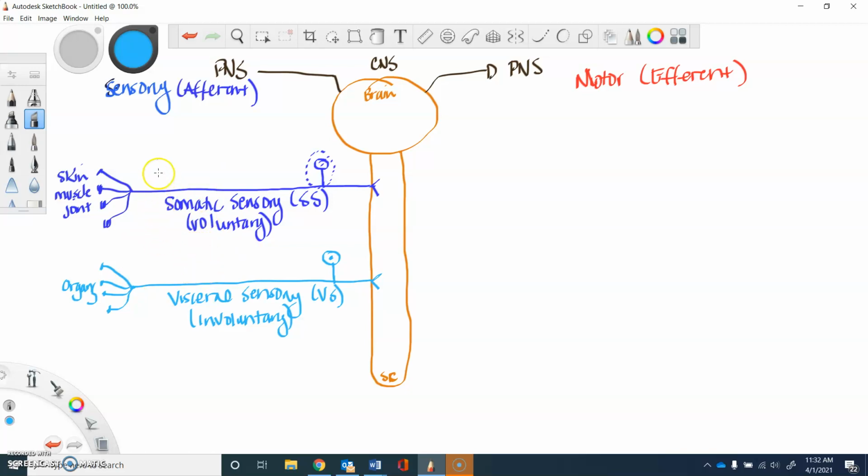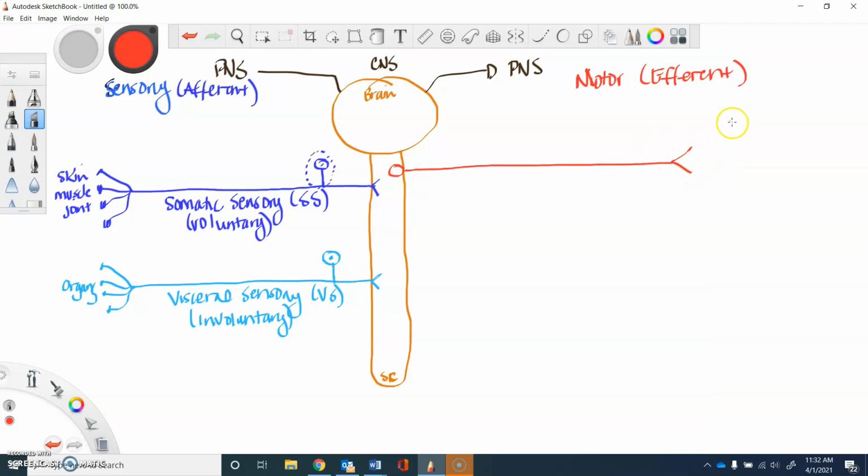Okay, it is peripheral because these are neurons that are in the periphery of the body. On the other side, I'm going to put motor neurons. So these are the neurons that are providing responses. So the first type is going to be that motor neuron.